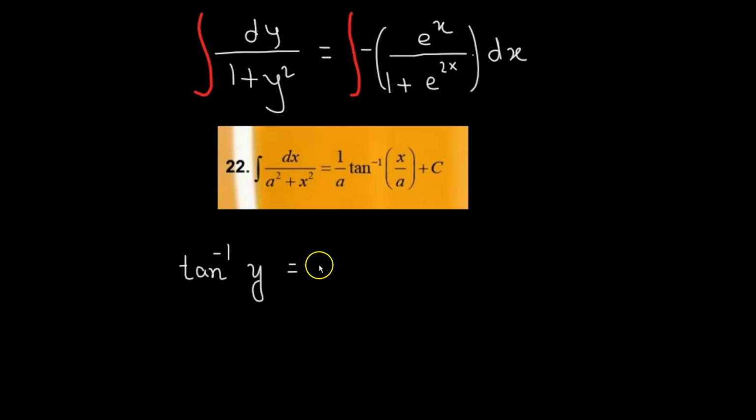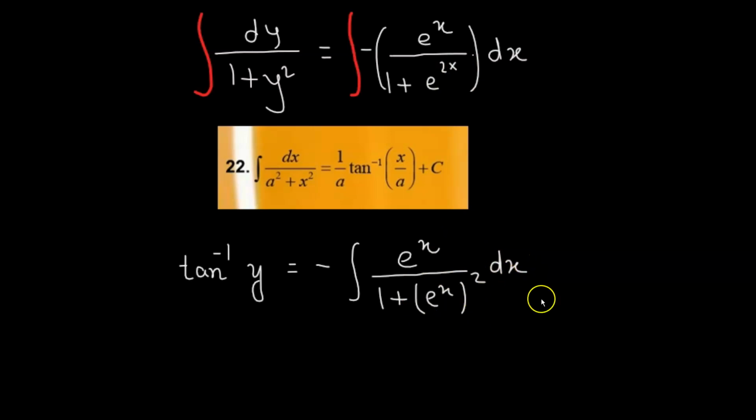That will be equal to, let's take the negative sign out, the integral of e raised to the power of x divided by 1 plus e raised to the power of 2x, that's simply e raised to the power of x whole squared, times dx. This is a very simple integral. We can solve it by the method of substitution. If we consider e raised to the power of x equal to some variable t, then differentiating both sides, e raised to the power of x dx is equal to dt.